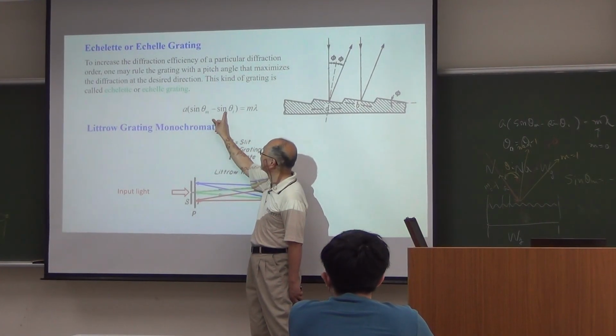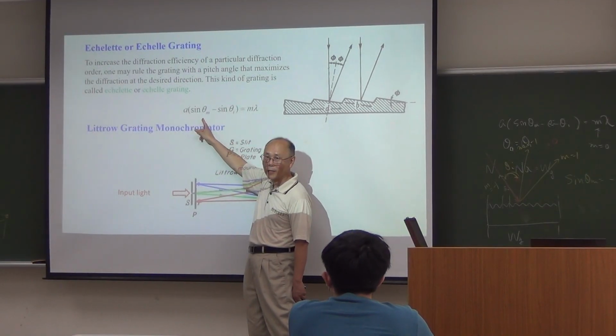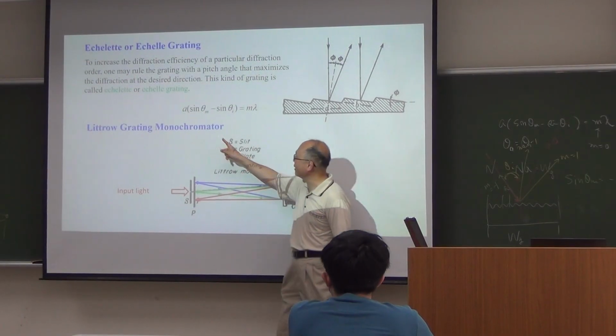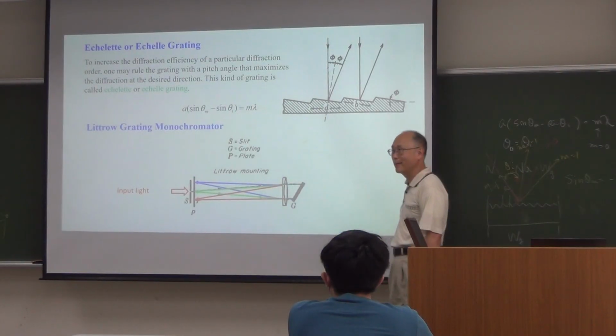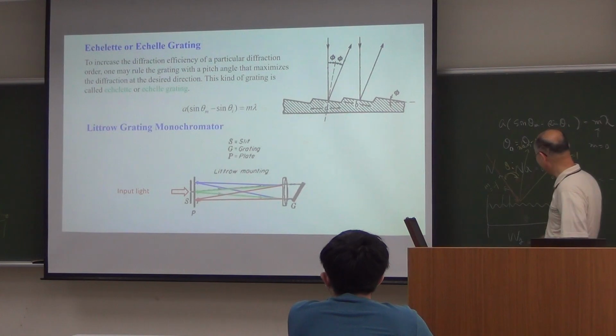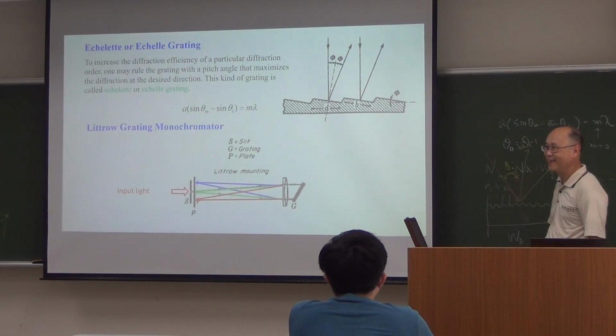If you know the incident angle, if you know the diffraction angle, if you know the specification of your grating, Lambda, what is Lambda? You still remember what it is. Look at this. What is the length of one wave?